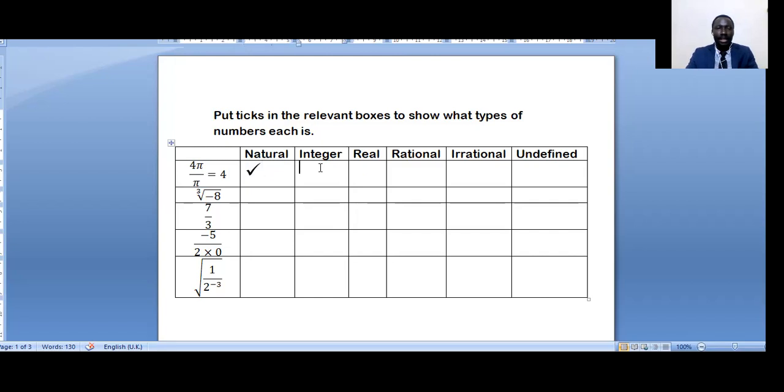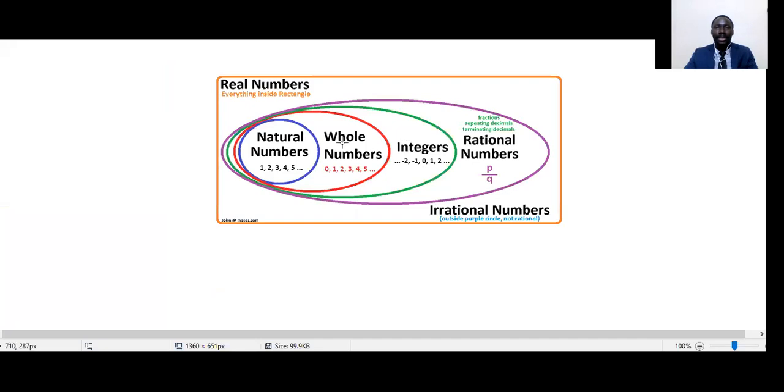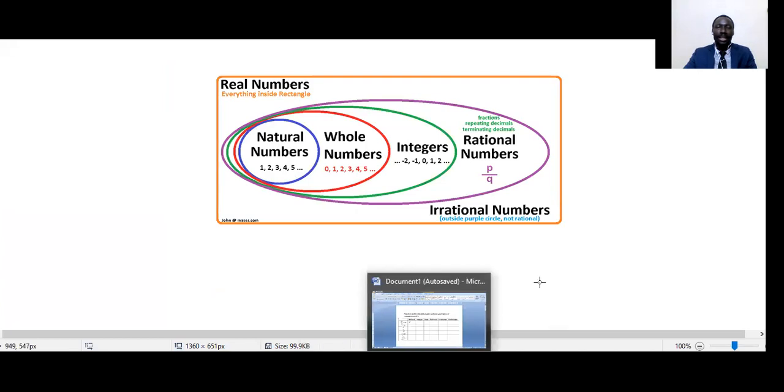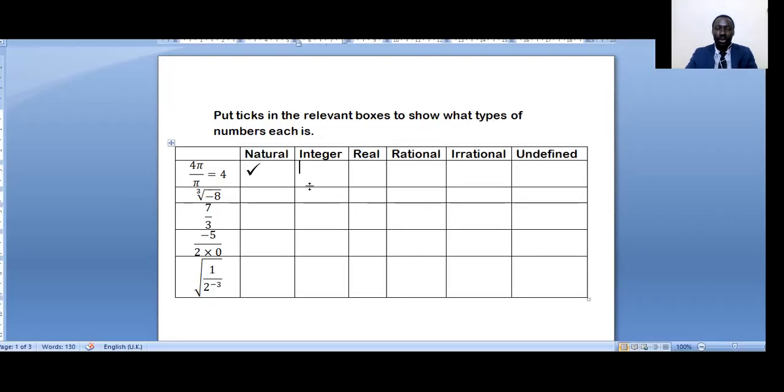How about an integer? What did we say about an integer? Well, we said natural numbers and whole numbers are also integers. And since we have already seen 4 as a natural number, that means 4 is also an integer. So what do we do then? We just put a tick again, right here. Then the next thing we also want to include is the concept of real numbers.